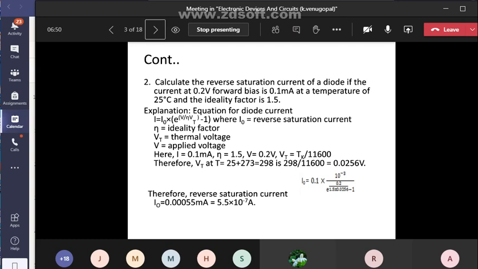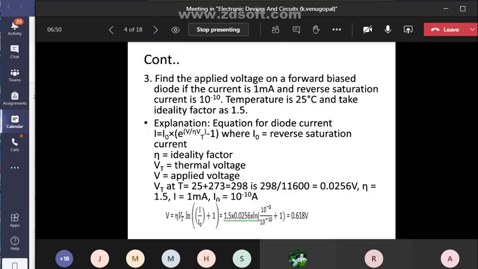So in the next problem, the third one: find the applied voltage in a forward biased diode if the current is 1 milliampere and the reverse saturation current is 10^-10 amperes, the temperature is 25 degrees centigrade, and take the ideality factor as 1.5, right?